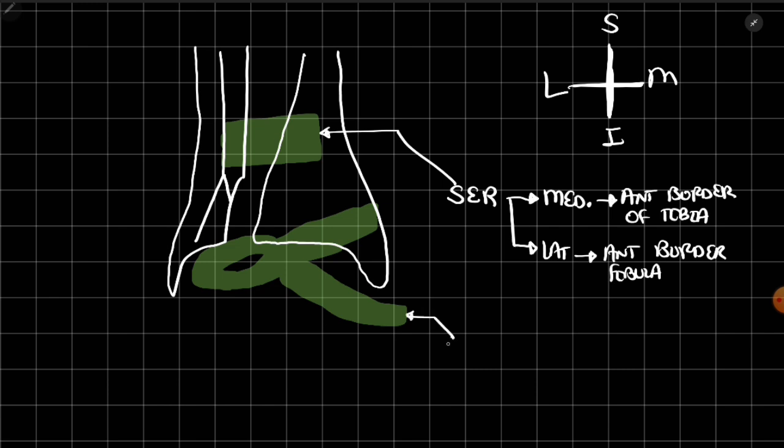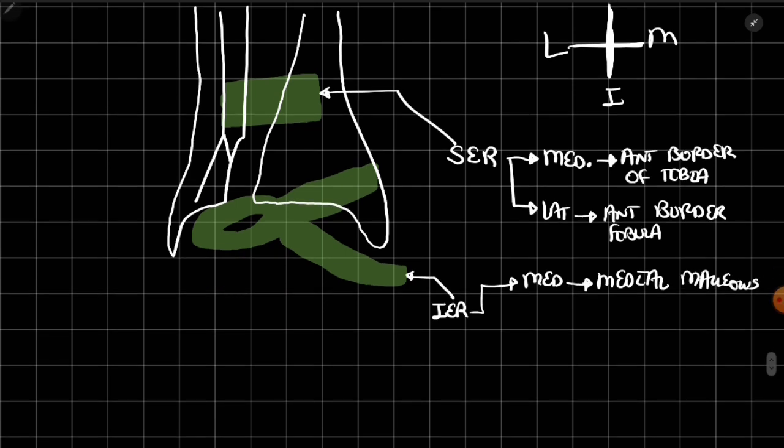What is this? This is the inferior extensor retinaculum. So what are the medial attachments? Medially we can see two attachments. The first attachment is the medial malleolus, basically the lower end of the tibia.